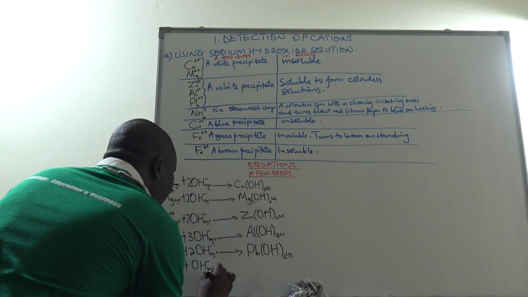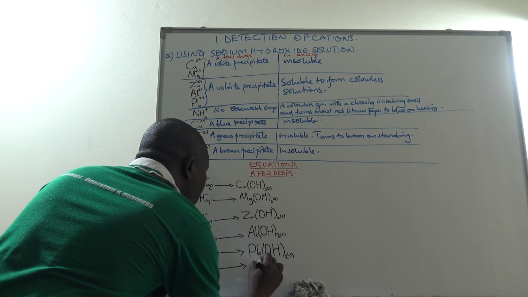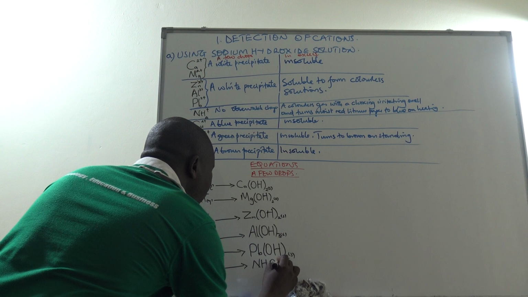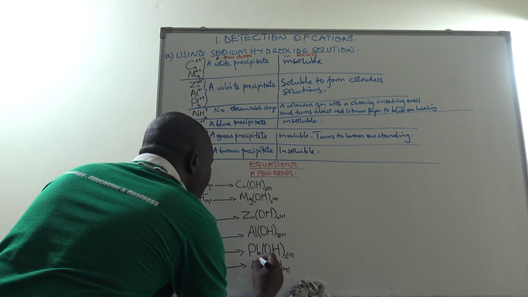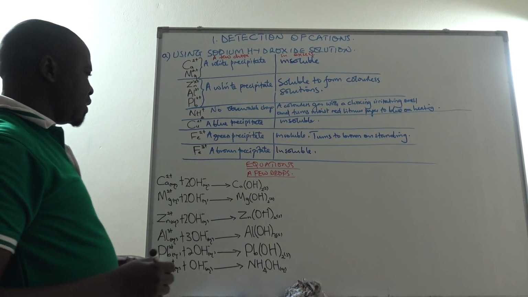So it will combine with 1 hydroxide ion to form soluble ammonium hydroxide. But in this case, it will not be a solid but a solution, since it is soluble, and that is what ammonium ion gives us.